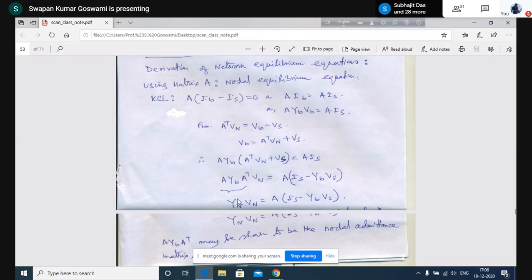We shall have to verify whether it is Yn. Yn means the nodal admittance matrix. We can show later that A multiplied by YB multiplied by A transpose is the nodal admittance matrix of the network. So this gives you the complete equilibrium equation of the network using matrix A. This is the nodal equilibrium equation.